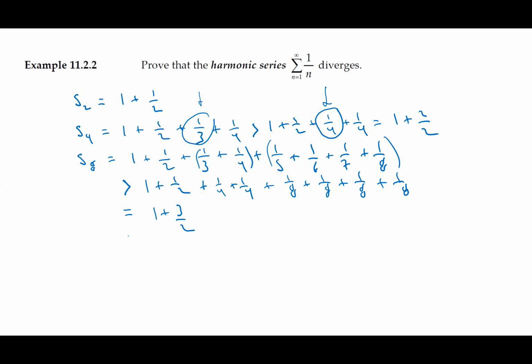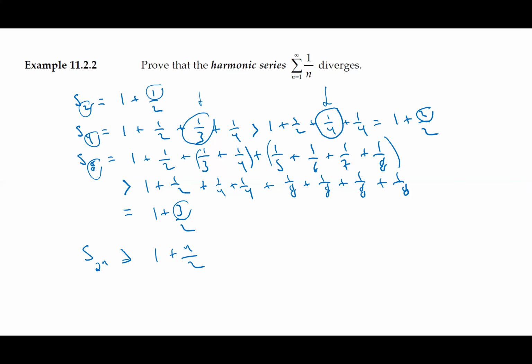And so if I continue this, S2 to the n is going to be greater than, well, 1 plus n over 2, right? 8 is 2 cubed. 4 is 2 squared. 2 is 2 to the first, okay?